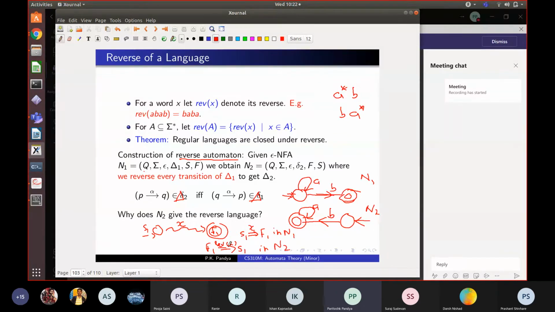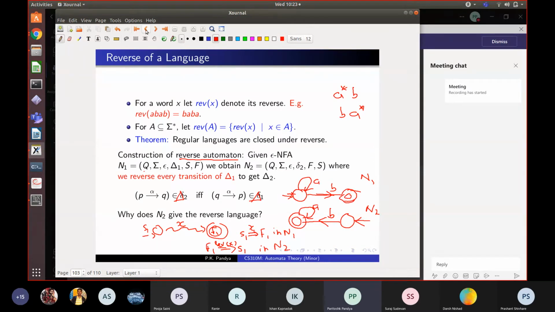So this reverse of X will be accepted by N2. And similarly, you can argue the other way, that if the reverse of a word is accepted by N2, then that word will be accepted by N1. So this is a simple proof that shows that the reverse of a language is accepted by this reverse automaton, which is obtained by switching final states with start states, right, and reversing every arrow.